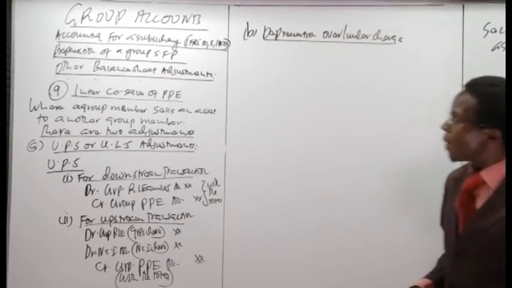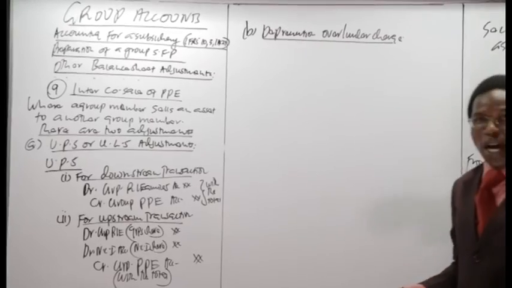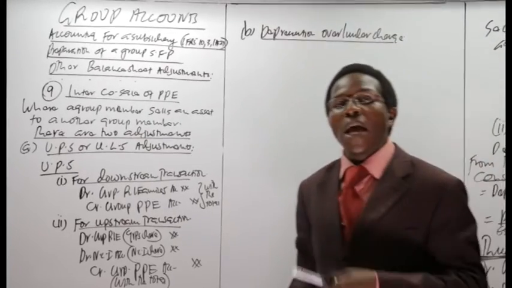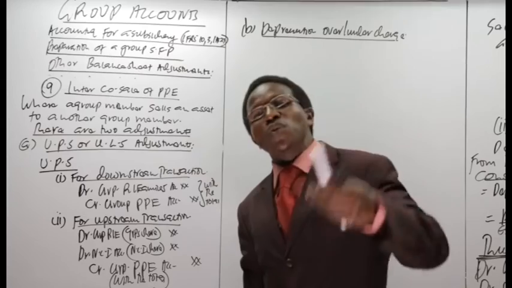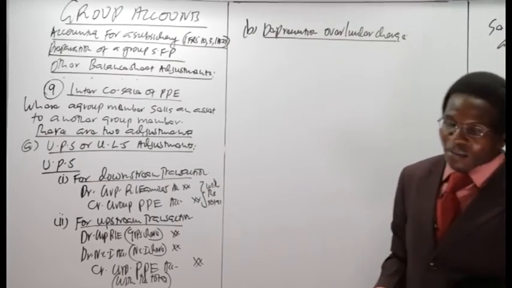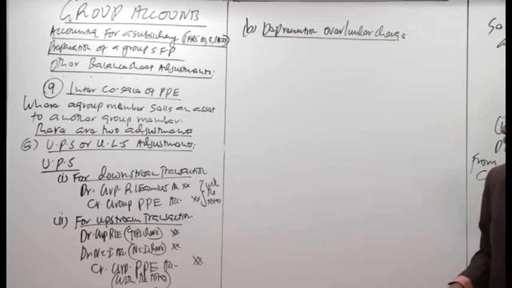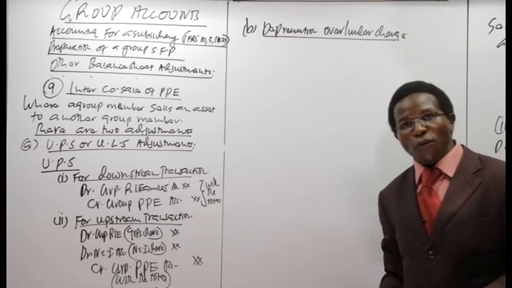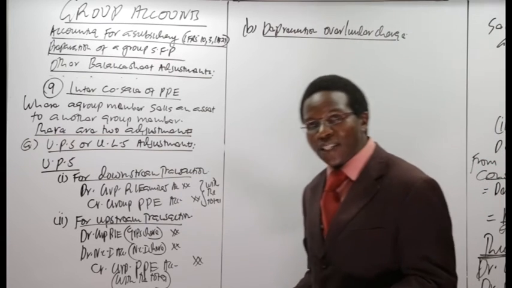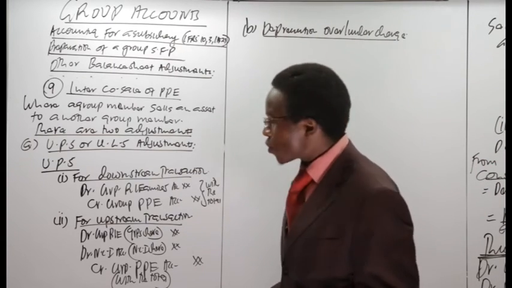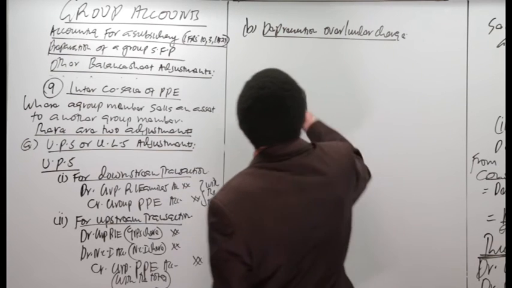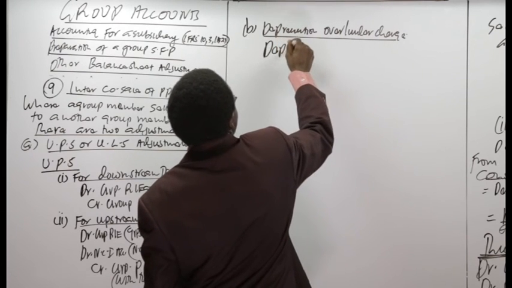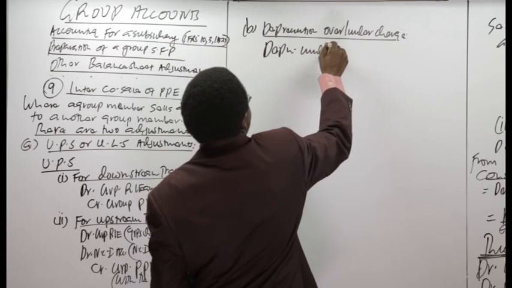Depreciation will either be overcharged if the asset was sold at a selling price which was higher than the cost price. That is an overcharge, meaning they made a profit on sale. It will be an undercharge if it was sold at a loss. Let me be consistent here. Let me talk about depreciation undercharge.